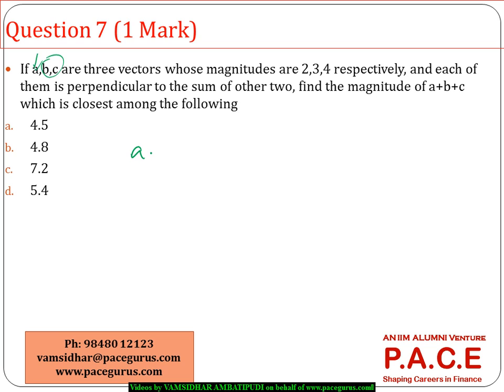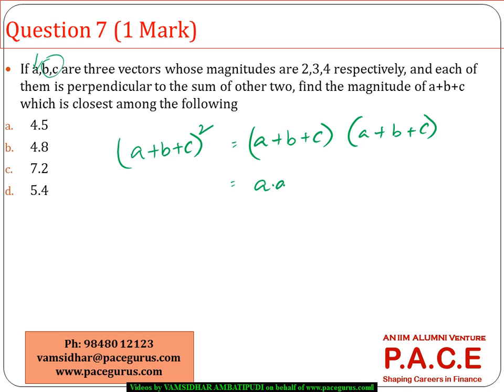Let's assume the square of A plus B plus C, right? The multiplication of the two vectors, A plus B plus C squared. So I can write it as A plus B plus C into A plus B plus C. Which is giving me A squared plus B squared plus C squared plus the terms AB plus BC plus CA.